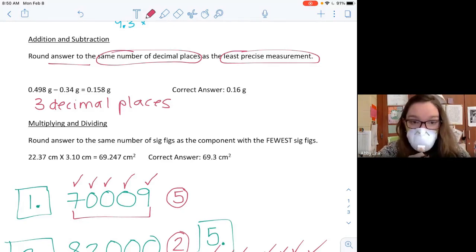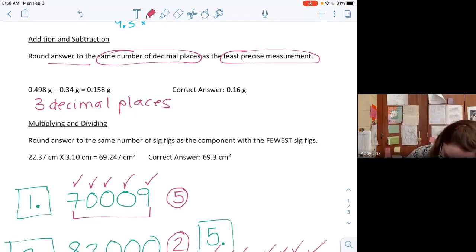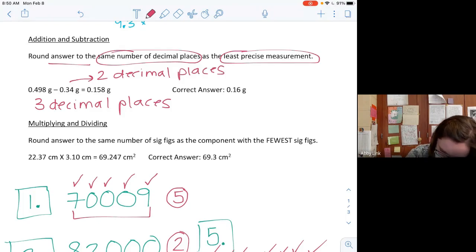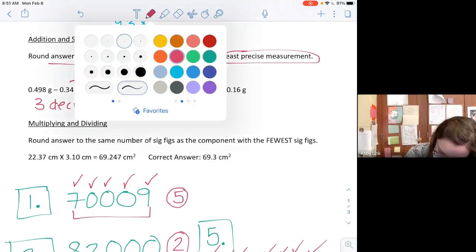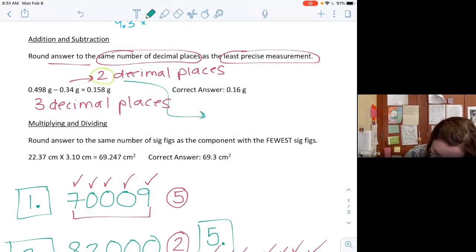We're only worried about decimal places when we're adding and subtracting. In my 0.34, I see 2 decimal places, right? The 3 and the 4 are past that decimal point. So what's smaller, 2 or 3? 2. Okay, so your answer should only have 2 decimal places.